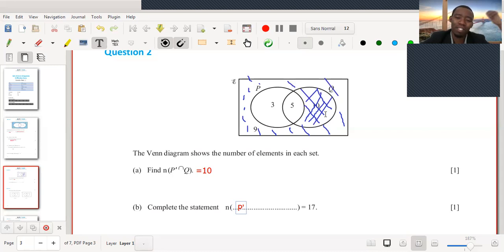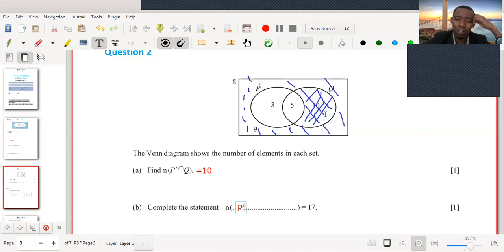What about if I take Q complement union P?